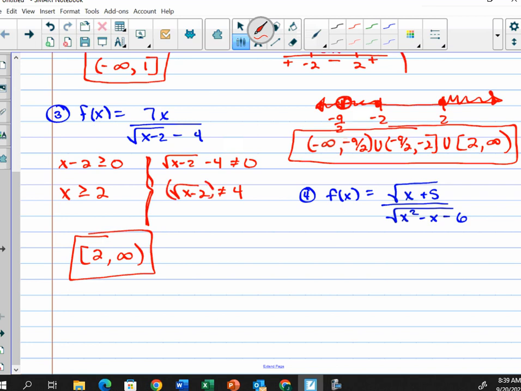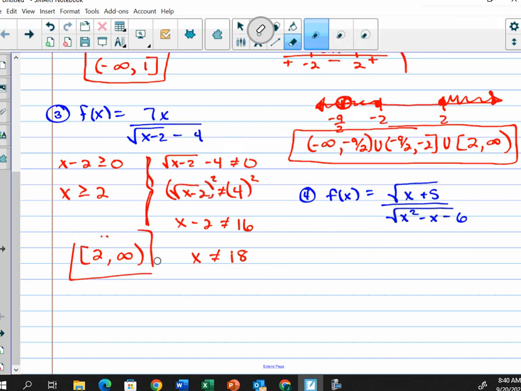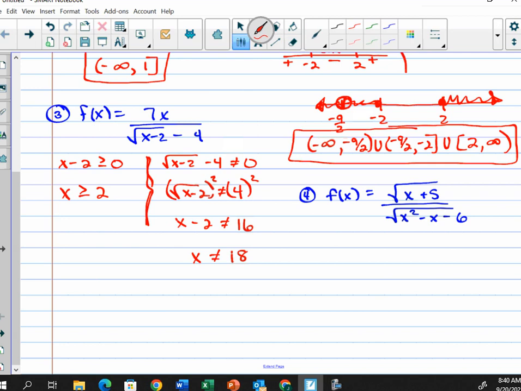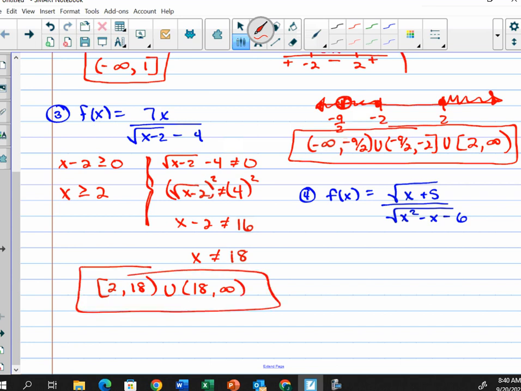Yep, square both sides. So I have x minus 2 cannot equal 16. So x cannot equal 18. Okay, so putting those 2 pieces together, it's everything greater than 2 except 18. So you'd want to say bracket 2 to 18, parentheses, union 18 to infinity. Does that make sense? Okay.